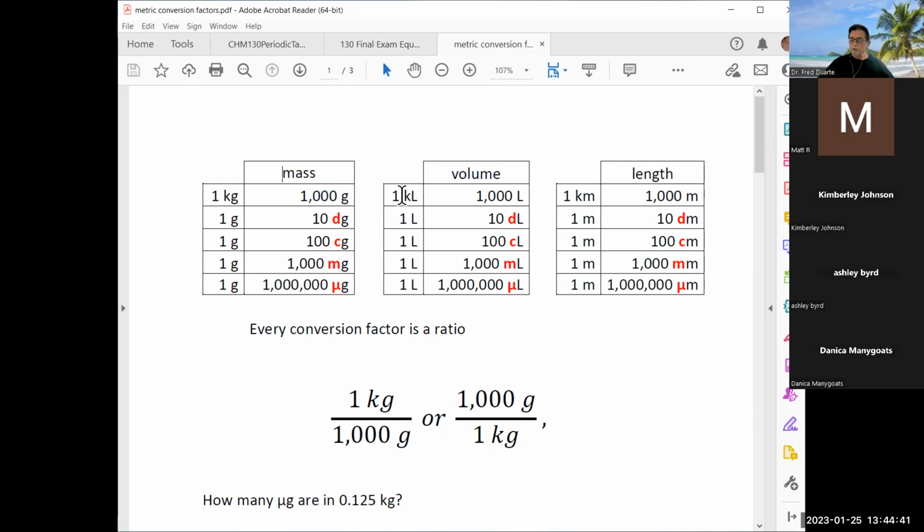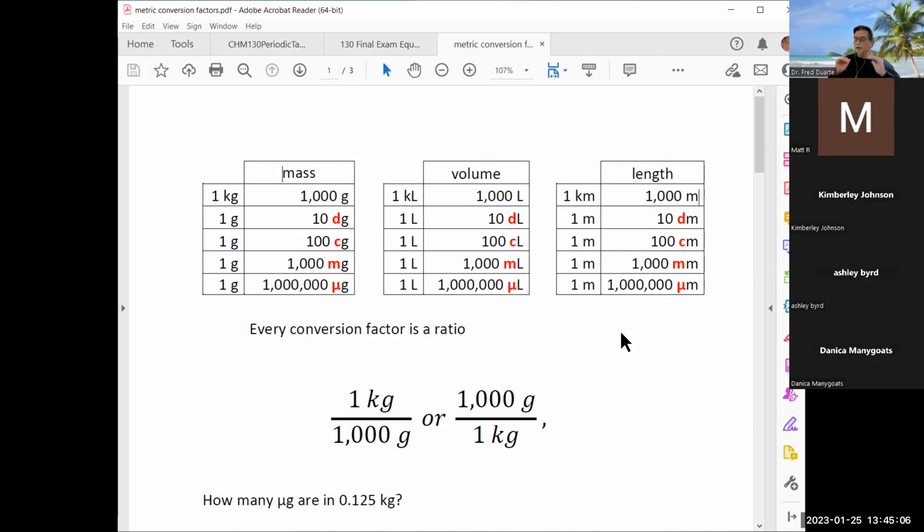The same is true for 1 kL, 1 kiloliter. There are 1,000 liters in 1 kiloliter, and in 1 kilometer, there are 1,000 meters. Okay, and that is going above our base units of grams, liters, and meters.